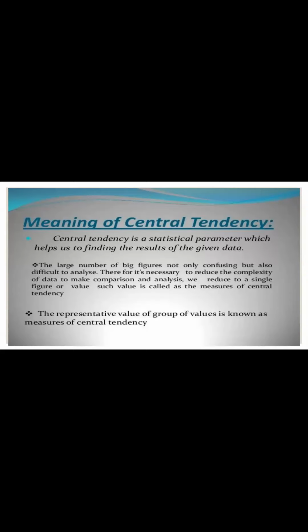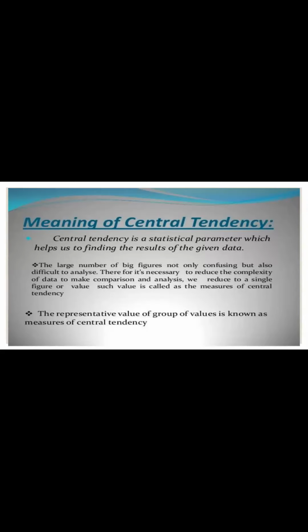The one value we get by adding the sum of the observations and dividing by the number of observations is the result. That is known as the average, or we can say the central tendency. Is it clear?